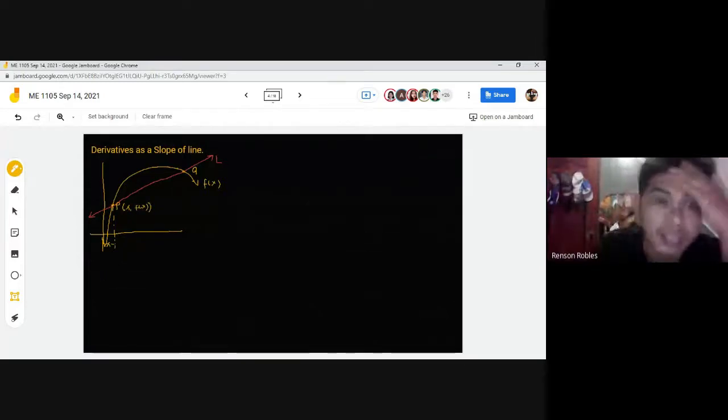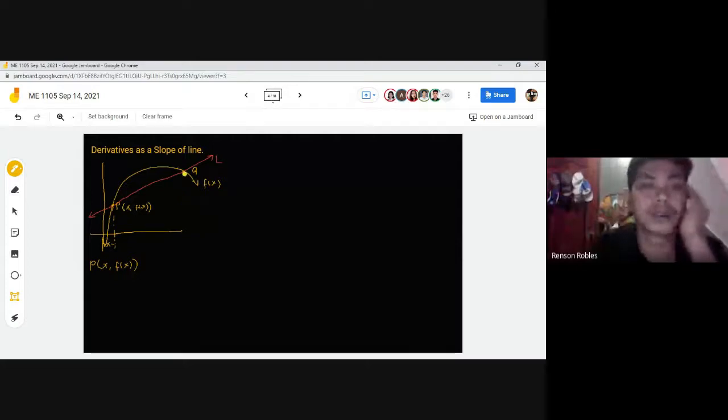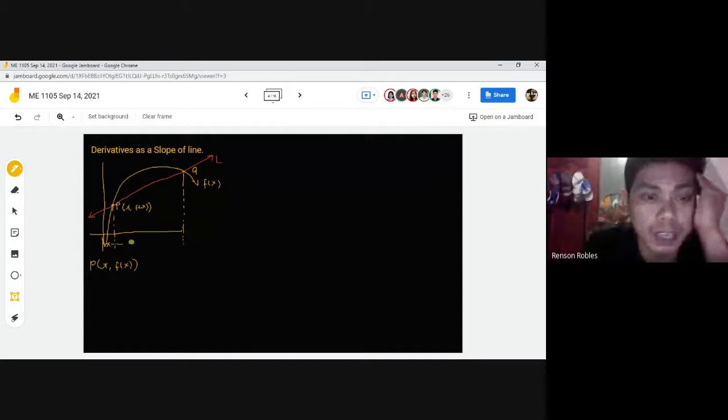And point P is located at the point x, f of x. All right. Now, the directed distance of point Q to point P, I call it change in x or delta x, and therefore the perpendicular distance of point Q to the y-axis is how long? How far is point Q to the y-axis?